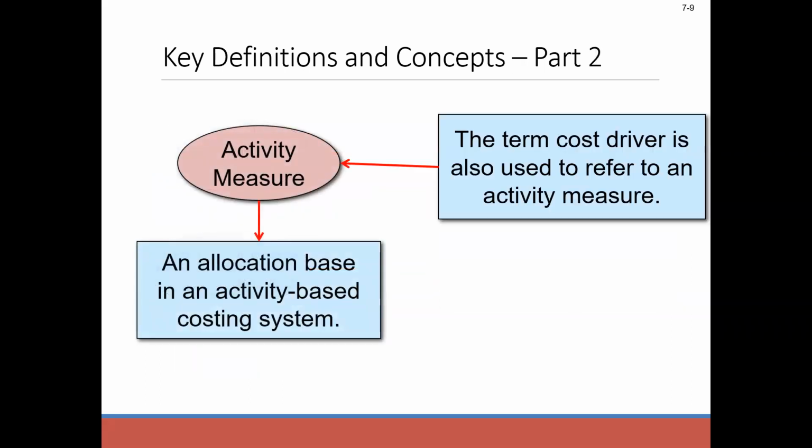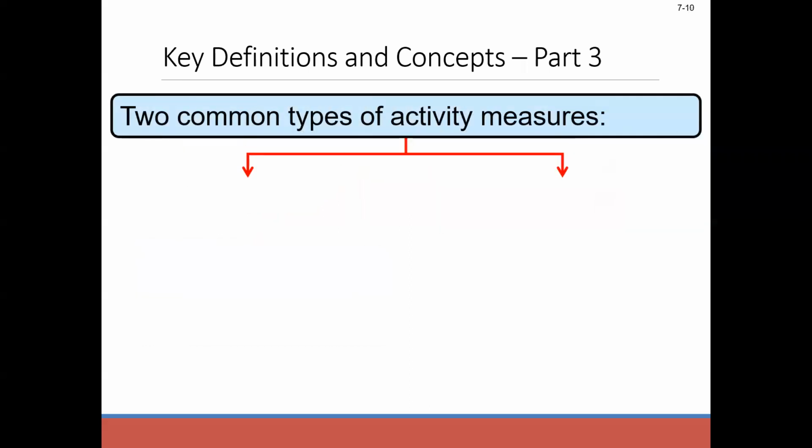So an activity measure is the term or the cost driver to use to refer to an activity measure. And we utilize an allocation base in this activity-based costing system.